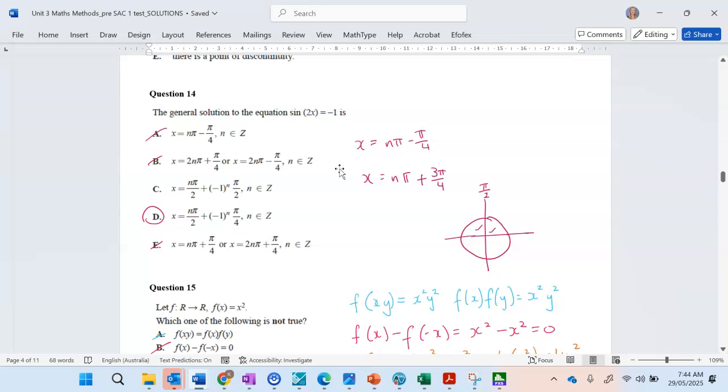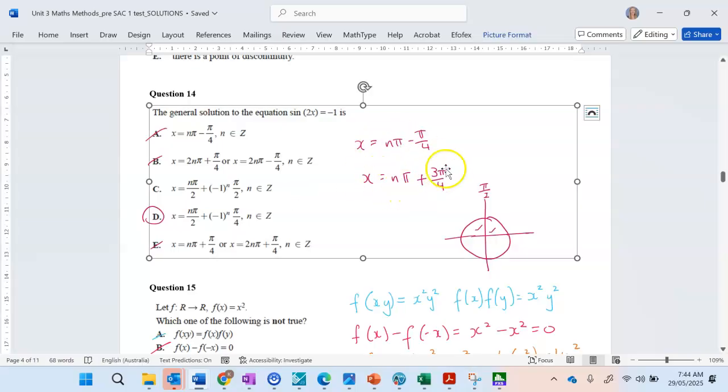All right, question 14, so 55%. Oh, so this is the general solution, and with this one here, it doesn't look like how you would see it on your calculator. So that means we just then have to go through each option and see whether it actually fits our general solution.